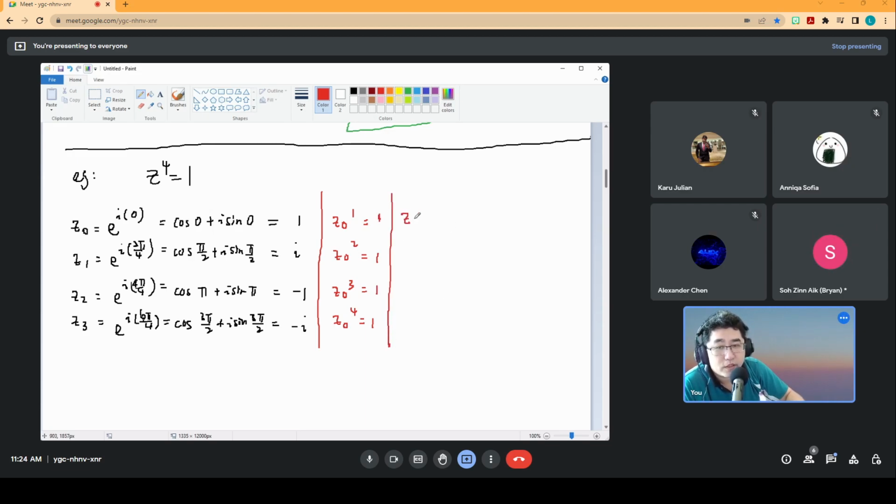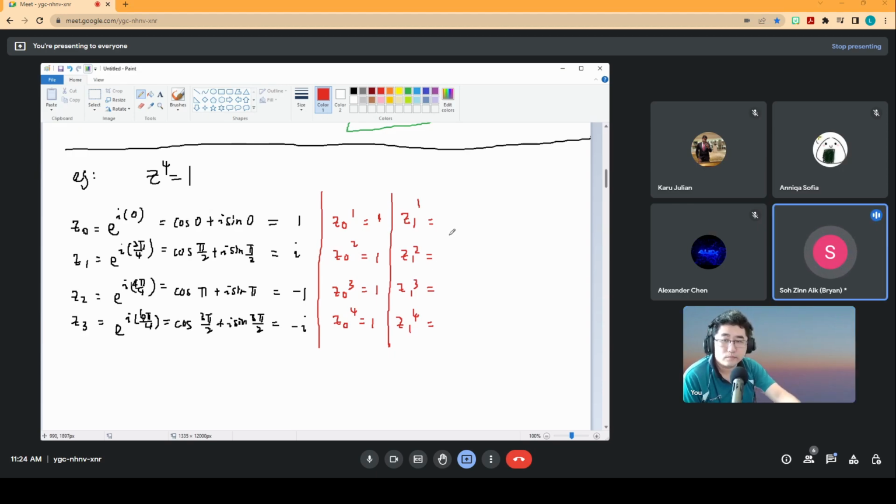Z1 power 1, Z1 power 2, Z1 power 3, Z1 power 4. Anything special about this? It rotates again. Z1 power 1 is i.